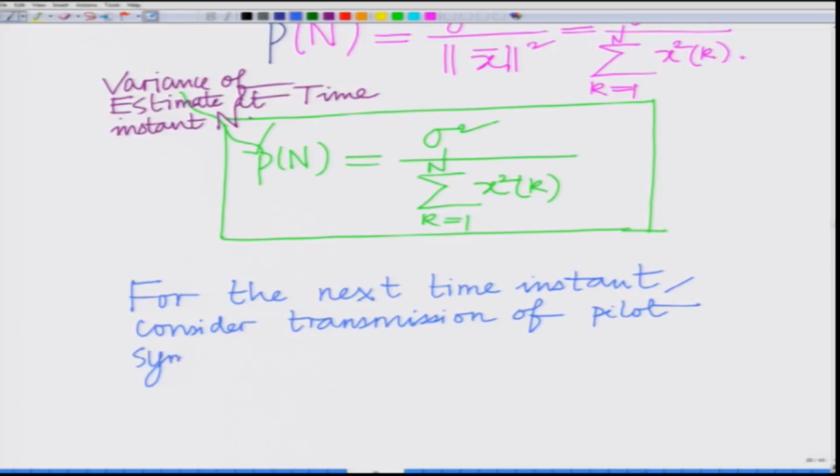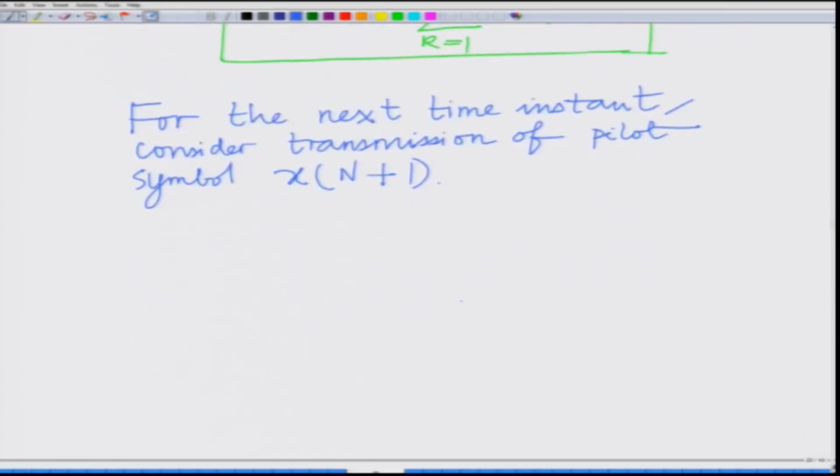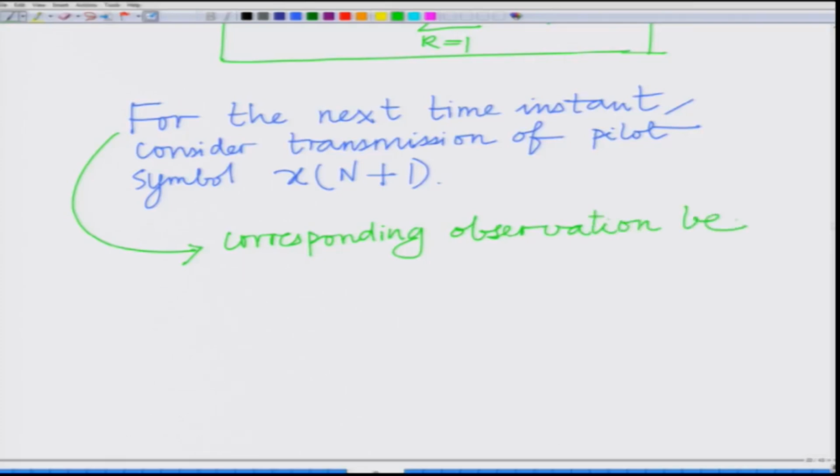Consider the transmission of pilot symbol x of n plus 1, that is, the pilot symbol at time instant n plus 1, and let the corresponding received symbol observation be y of n plus 1.